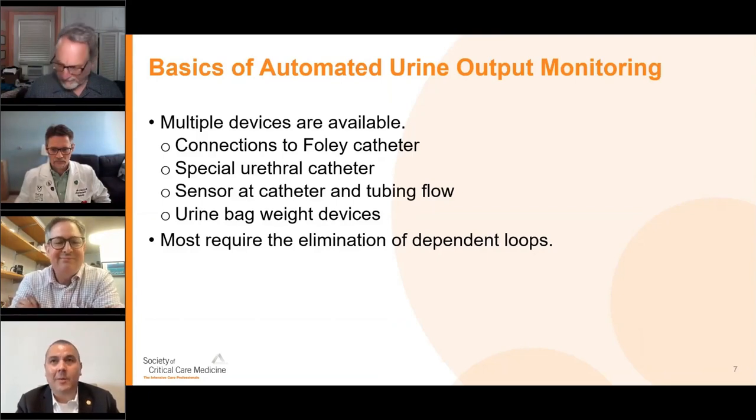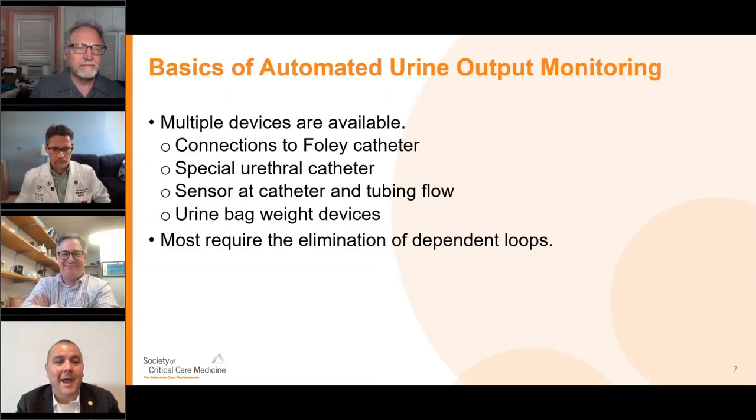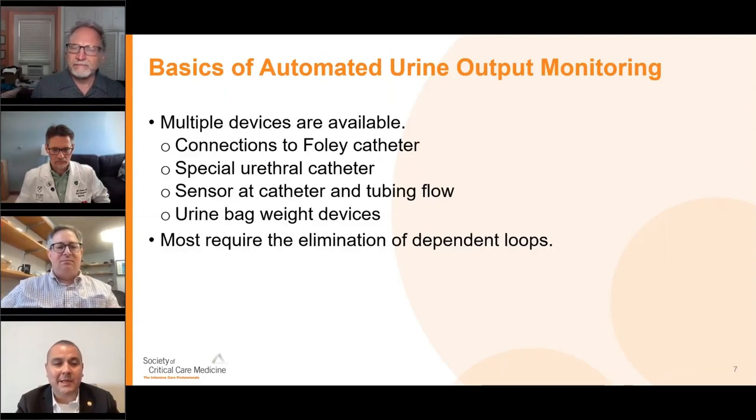And every time I would walk by or my leg would kick the effluent bag, it would start beeping at me. And I wondered why we never had any sort of urinary output device that did the same thing. Those bags were in place for years and years, even before I was a nurse. So we've been looking at this for a while, particularly with our CRRT devices, but some of these devices are actually available at the bedside now.